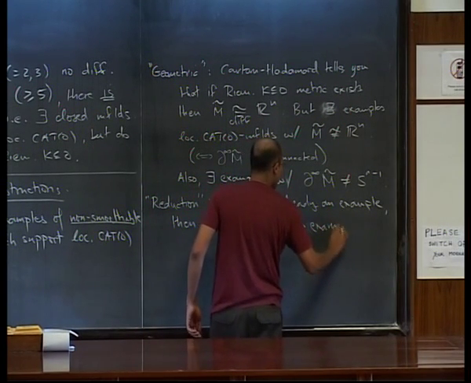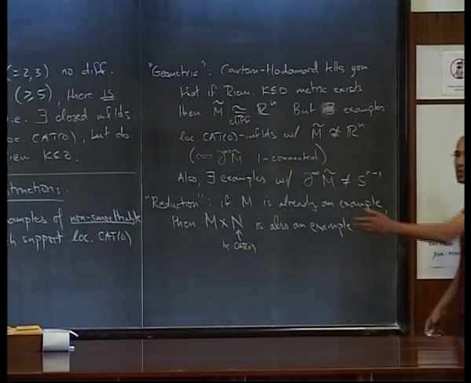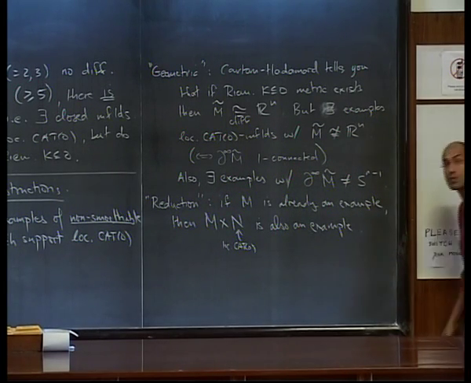When I say an example, I mean something which is locally CAT(0), but does not support Riemannian non-positive curvature.